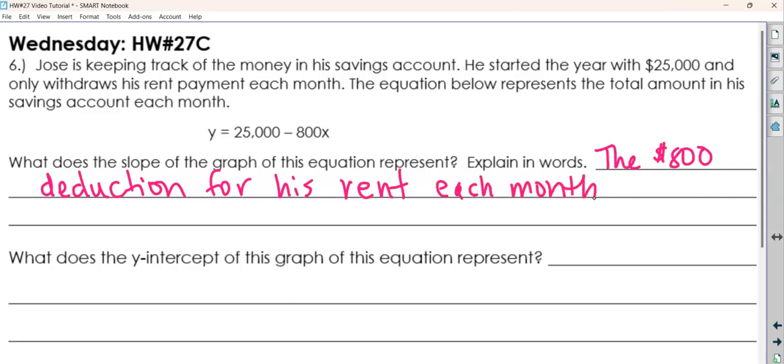The $800 is negative because that is a withdrawal, a deduction. The $800 deduction for his rent each month is what the rate of change is, or the slope of the graph. What does the y-intercept of this graph represent?